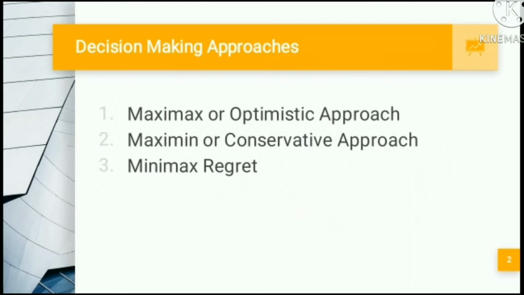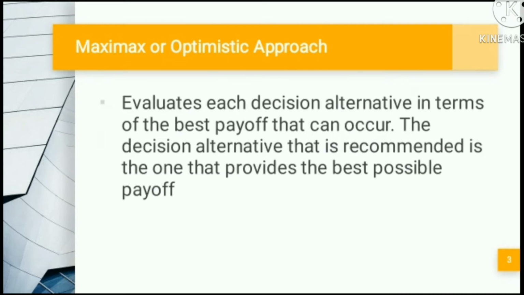There are three decision making approaches. Those are maximax or optimistic approach, maximin, conservative or pessimistic approach, and minimax regret. The optimistic approach, or maximax approach, evaluates each decision alternative in terms of the best payoff that can occur.